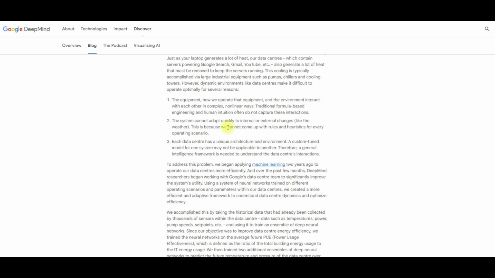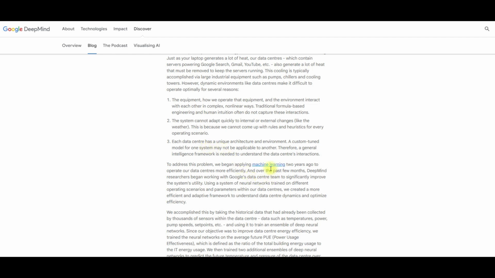Traditional ways of understanding and human intuition do not allow proper understanding of the various interactions that go on within the system, and the system is not able to adapt to changes such as the weather. The data center also has a unique architecture, and therefore the general human intelligence framework is not able to keep up with the key changes.